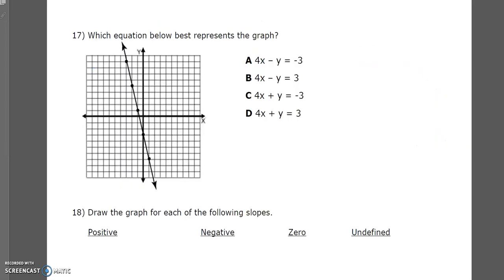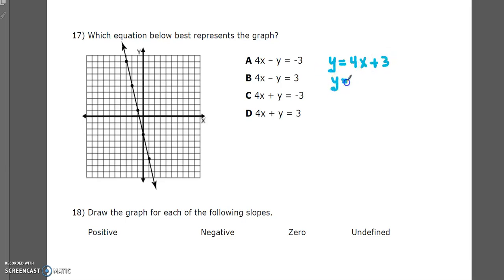Okay, number 17 is asking us which equation below represents the graph. So if my equations were in slope-intercept form, it would be a little easier to see which equation matches. So I rewrote all of these. I subtracted 4x from both sides, but then divided by a -1, so I ended up with a positive 4x and then a positive 3.